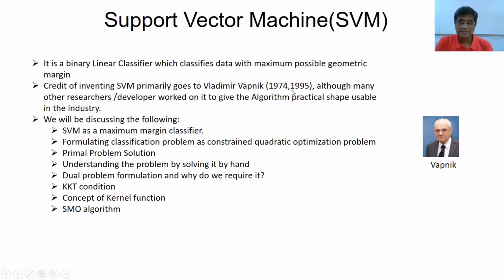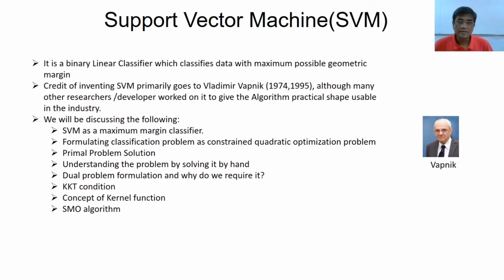He developed this concept of how a classifier can be modeled as a constrained convex optimization problem, because for convex optimization problems there are so many solvers. It is also called a quadratic optimization problem. QP solvers and theory are available, so we could utilize those for our classification tasks.